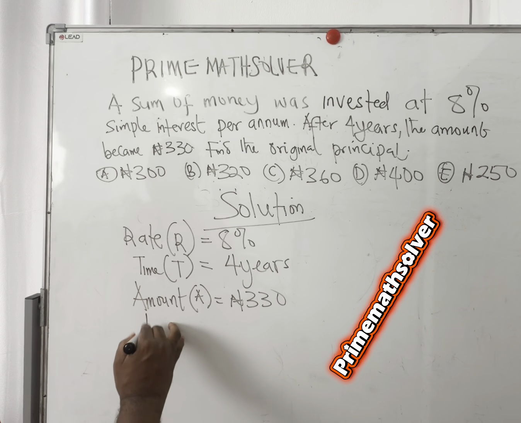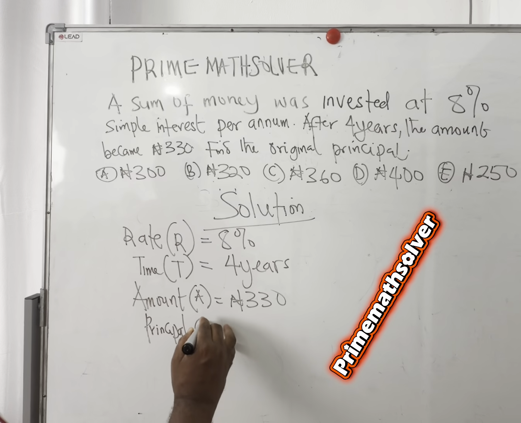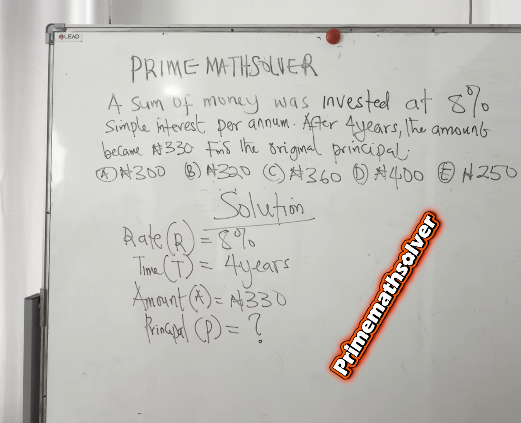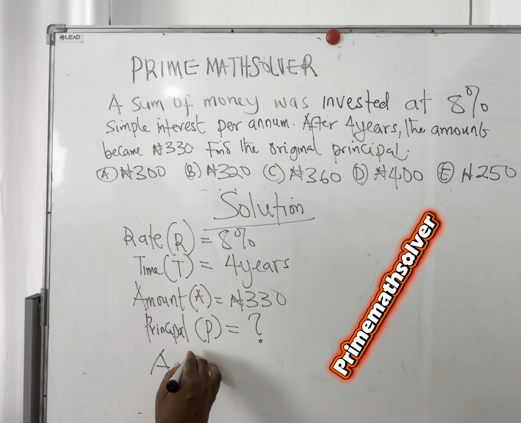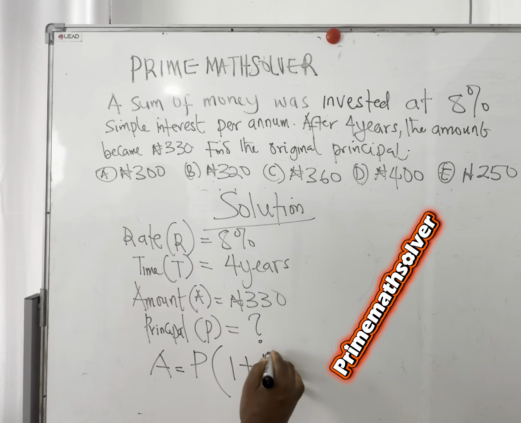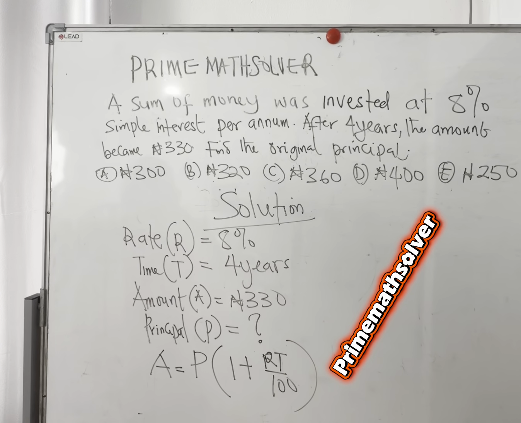Now, find the original principal. It means principal was not given in this question, so they are telling us to look for it. Now, I need you to understand this formula. This formula says that amount is equal to principal, bracket open, 1 plus rate multiplied by time over 100, bracket closed.